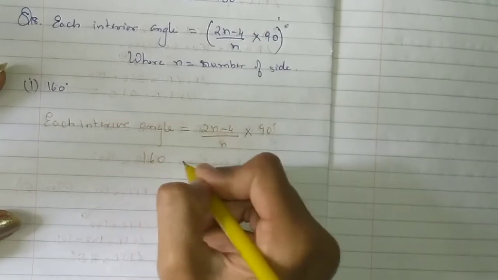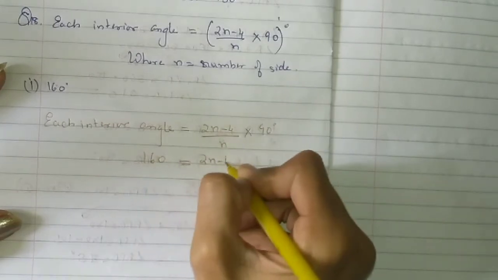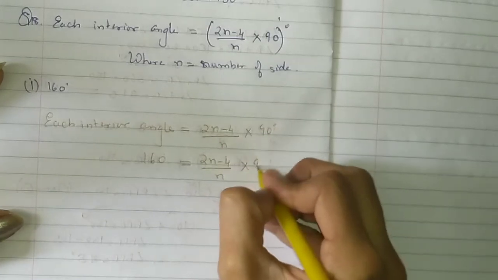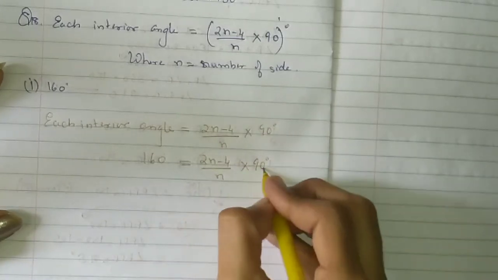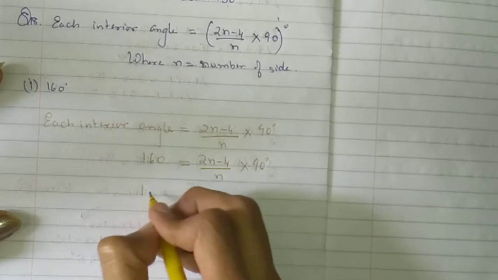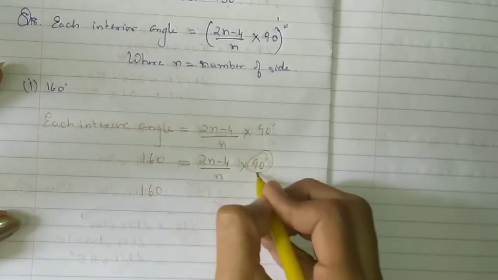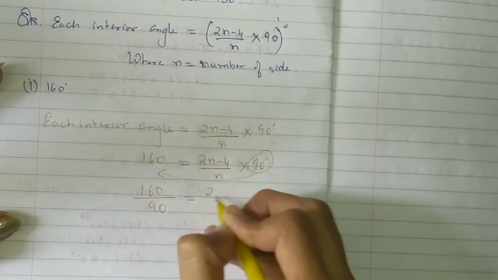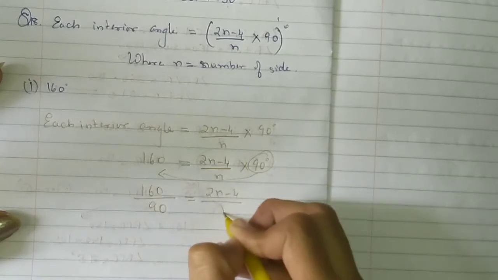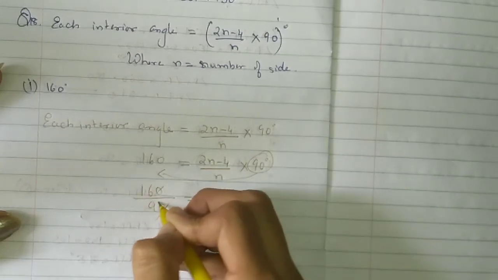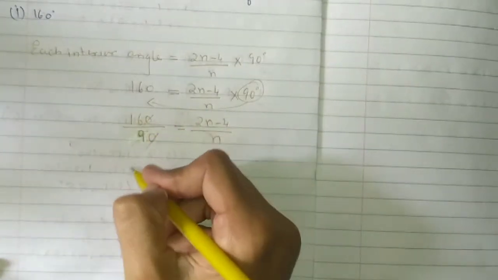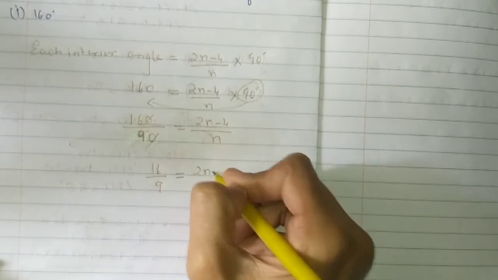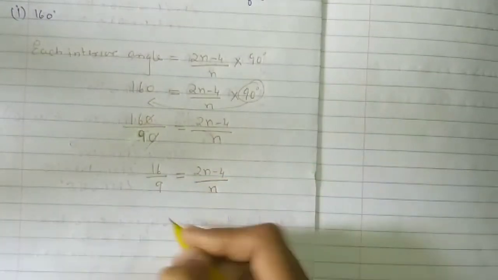So 160 equal to (2n minus 4) upon n into 90. This 90 comes over here in division form. So 160 upon 90 equal to (2n minus 4) upon n. 0 0 cancel. So therefore 16 upon 9 equal to (2n minus 4) upon n.